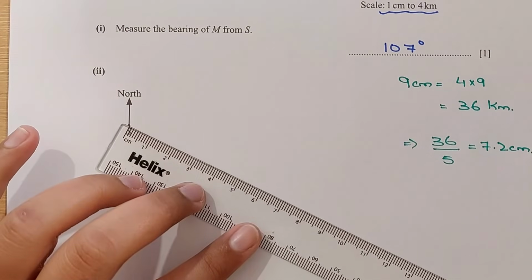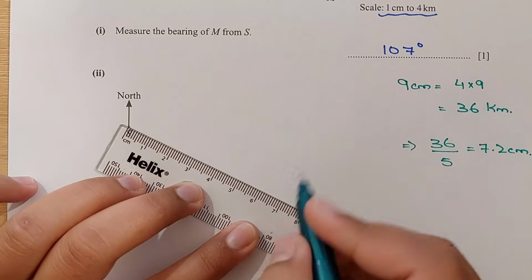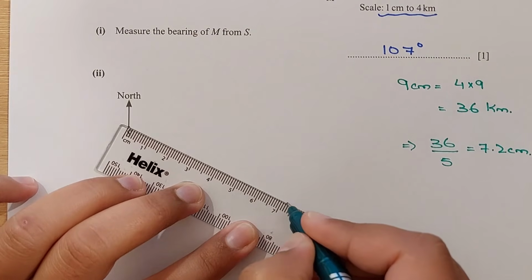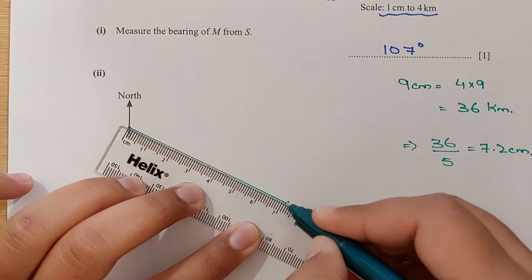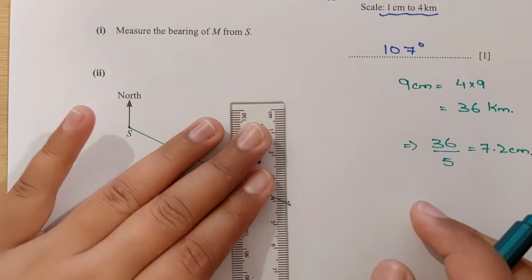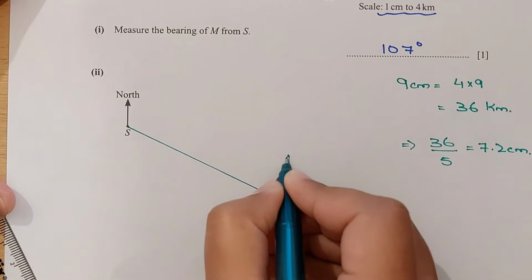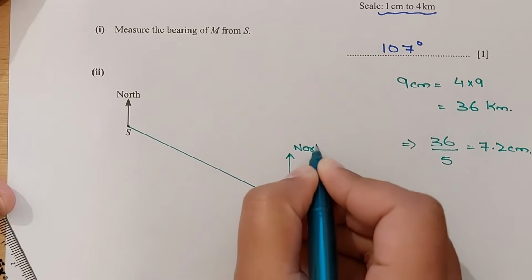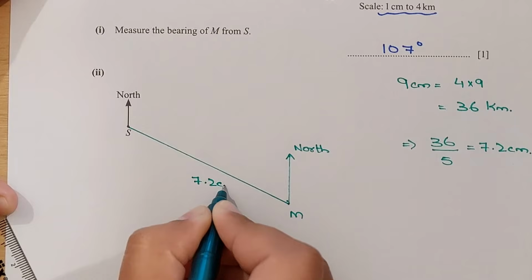What is 7.2? It is 7 point 2, and we need to draw the north line. This is M and this length is 7.2 centimeters.